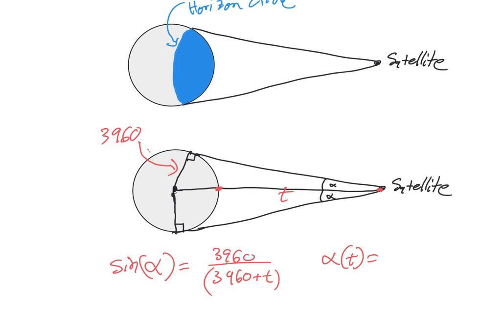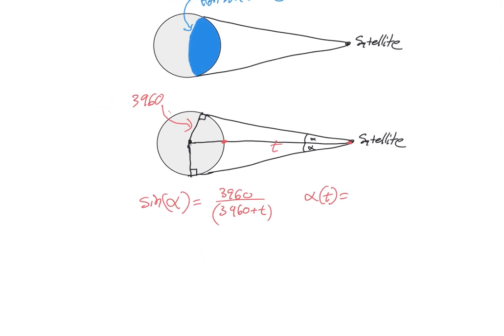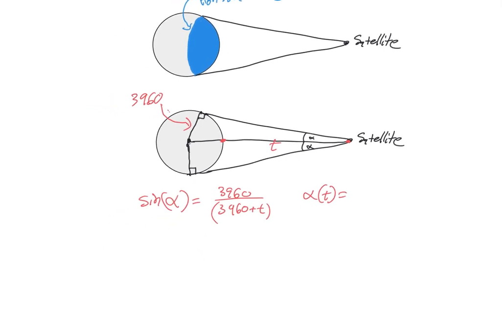You'll get over it. So alpha of t is going to be the inverse sine. Well, let's just go like this. What I need to do is solve for t. So I'm going to take the inverse sine of both sides of sine of alpha.